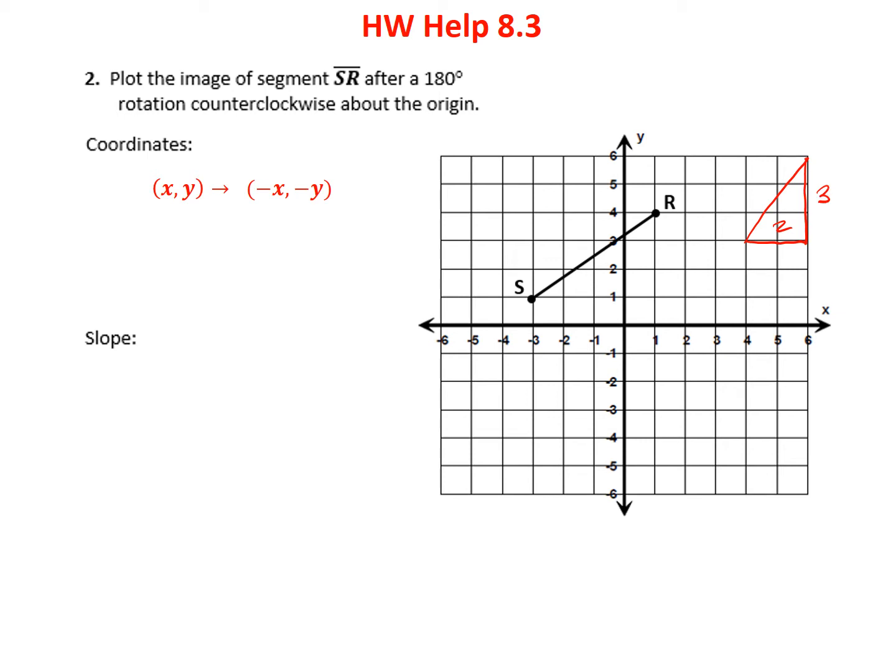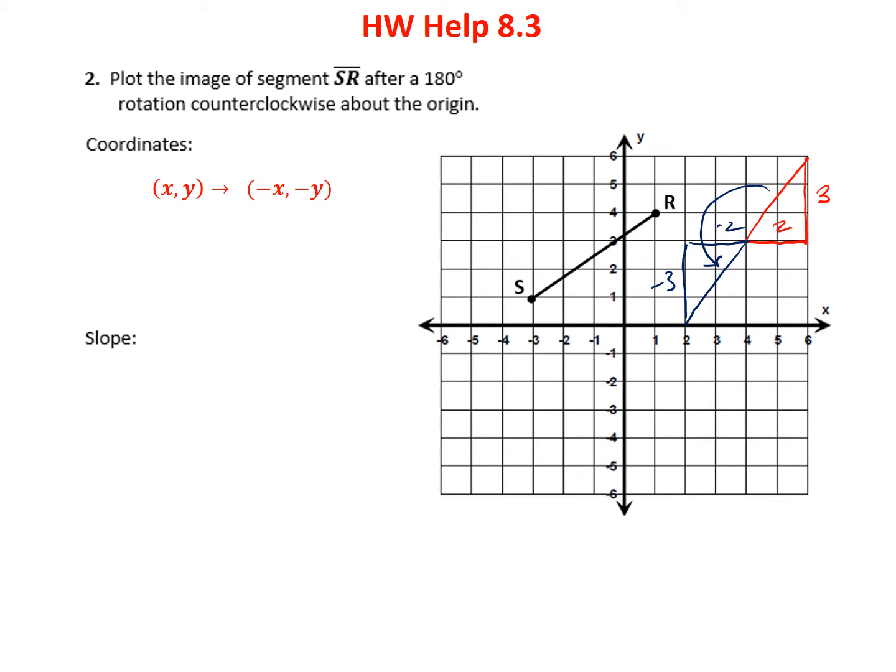But if I graph that and pull it around 180 degrees, then I end up with something like this. And if you notice, going all the way around like that, my 2 now becomes a -2, and my up becomes a -3. And that's the nature of the 180.